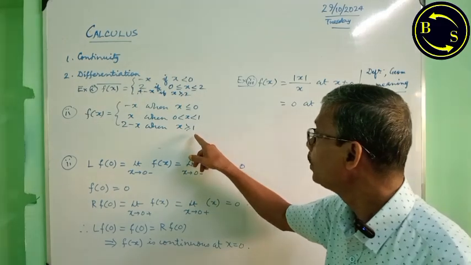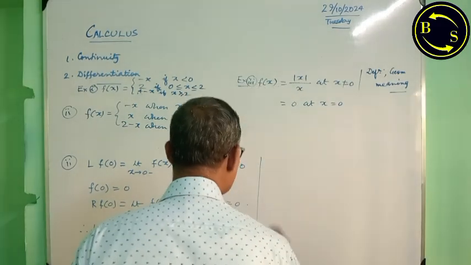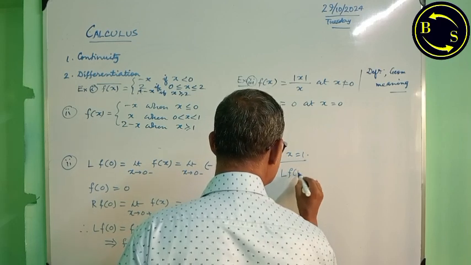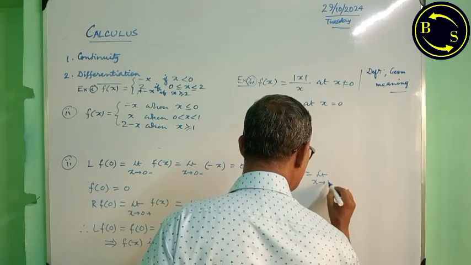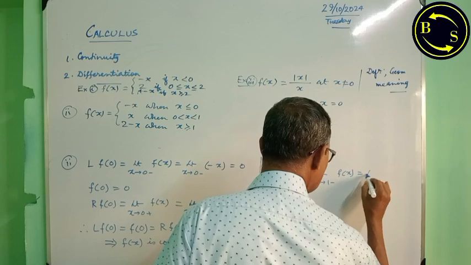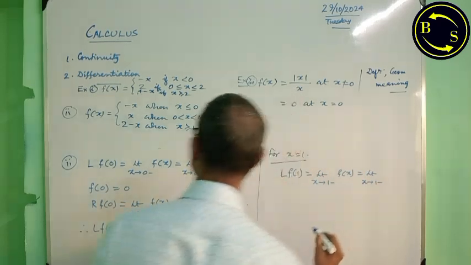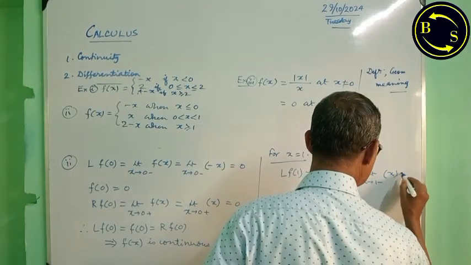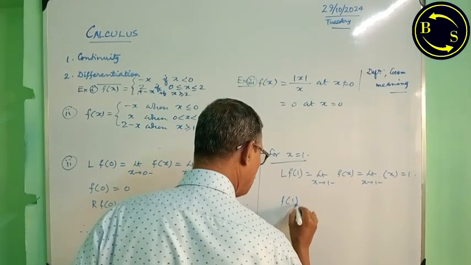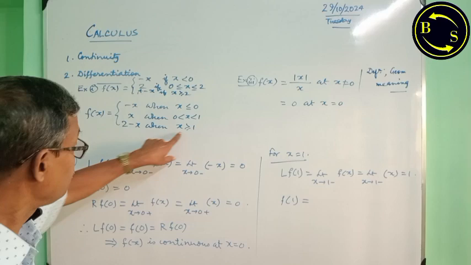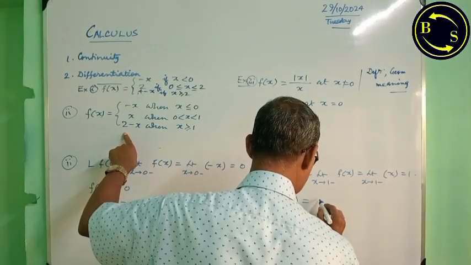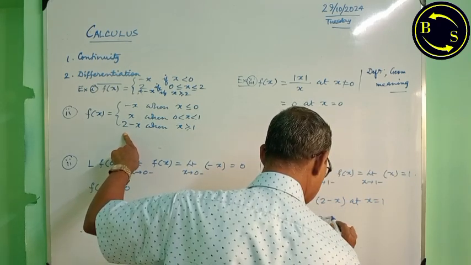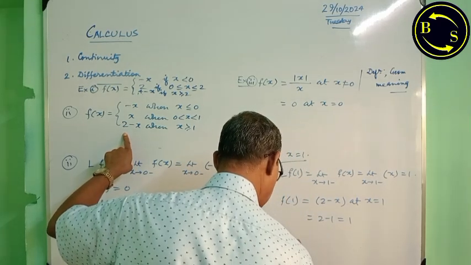Now, for x equal to 1, LF1, limit x tends to 1 minus f(x), means this is to be considered for x less than 1. f1 will be obtained from this one, 2 minus x at x equal to 1, that is equal to 2 minus 1, 1.